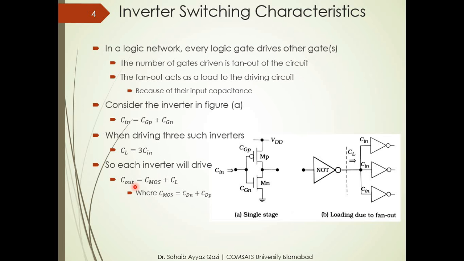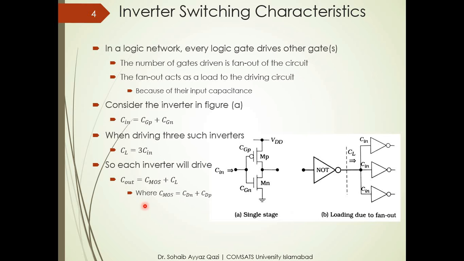And we can also say that each inverter will drive the next inverter. For example, for this inverter, the total output capacitance would be CMOS plus CL. This CMOS is obviously given by CDN plus CDP, that is the output capacitance at this PMOS and at this NMOS.